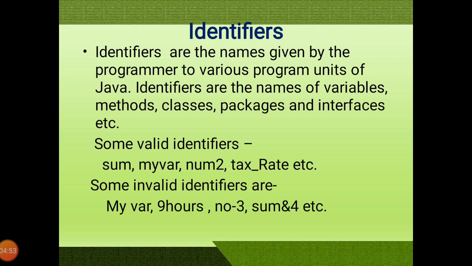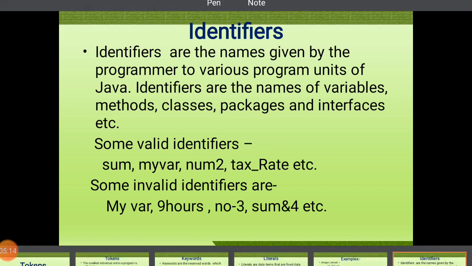Some valid identifiers are sum, num2, taxet, etc. Some invalid identifiers: "my name", spaces are not allowed in an identifier. "9hours", we cannot start an identifier with a digit. "number-3", special symbols are also not allowed within an identifier.